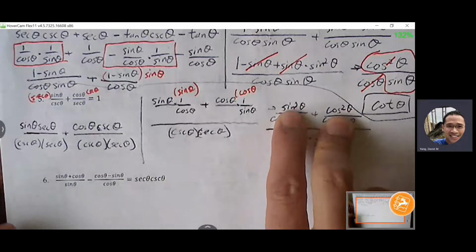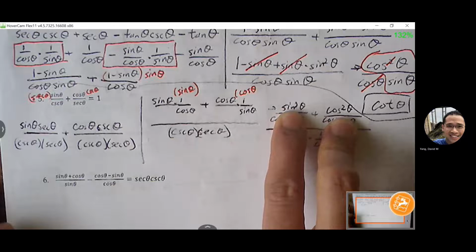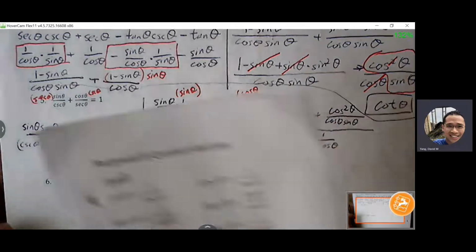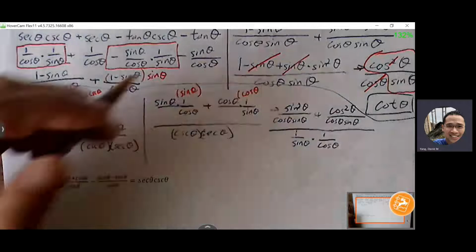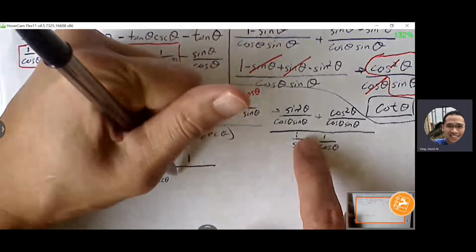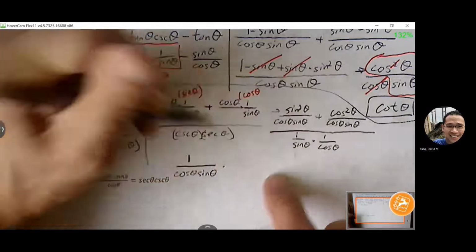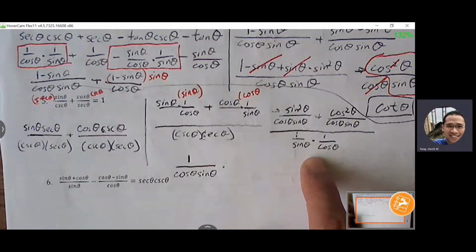Okay, so this is what we have so far. We have sine squared plus cosine squared. All this is under 1 fraction. I can make that what? What's sine squared plus cosine squared? 1, okay. So I have 1 over, dividing by a fraction is the same thing as multiplying by the reciprocal.